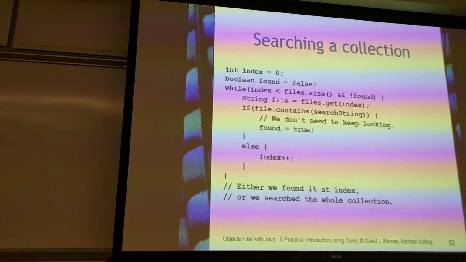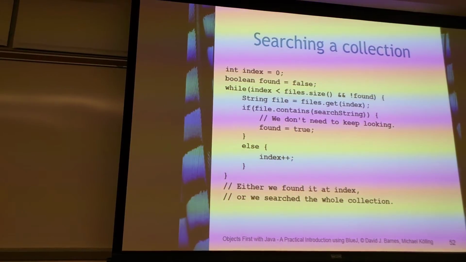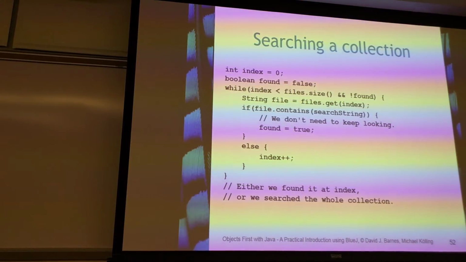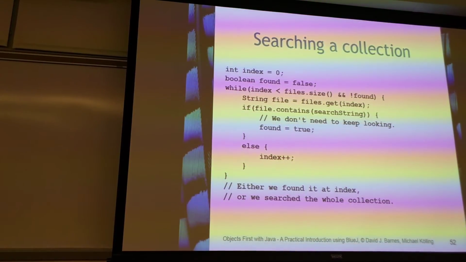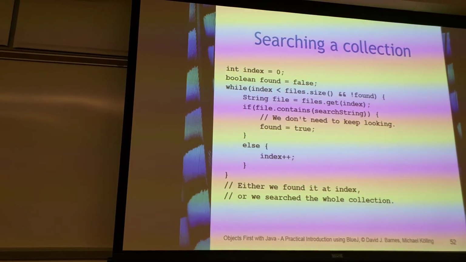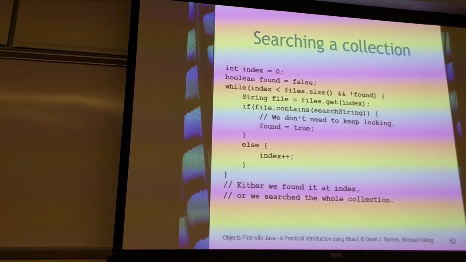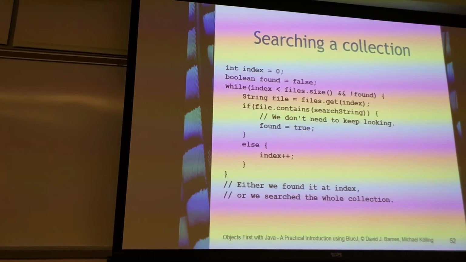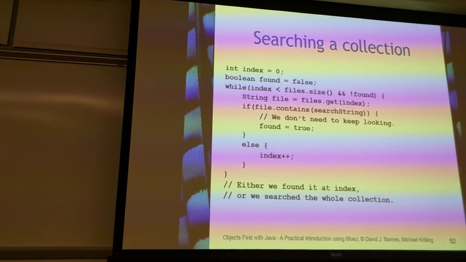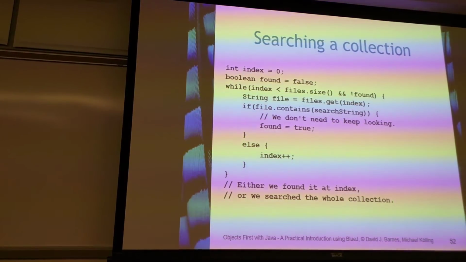So I have an index set to 0. I haven't found it yet, so I have a Boolean set to false. While my index is less than the size of my collection, remember it's 0 based on the lookups, that's why it's less than, not less than or equal, and I have not found it, I'm going to get the file at location i.